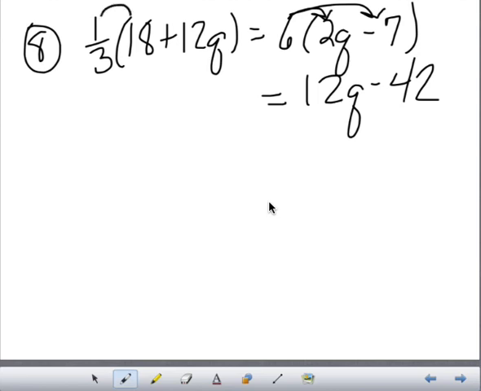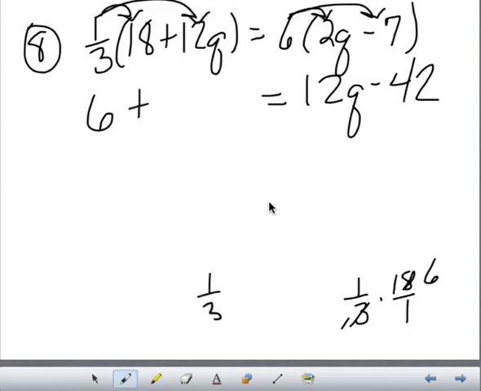Now over here, what is 1/3 times 18? Well, come down here and do it. 1/3 times, I can write that as 18 over 1. That's really just going to be 6 plus, what's 1/3 times 12q? Again, I can cancel out. That's going to be 4q.